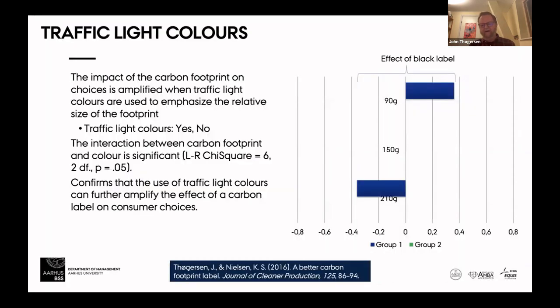In a study with another grad student of mine, we investigated if it was possible to improve this particular label by adding traffic light colors to the label, traffic light colors that would communicate the relative performance of the label. So we split the sample in this study into two groups. In one random half of the sample, we investigated the impact of the original carbon label on consumers' choices, and there was an effect on the choices.